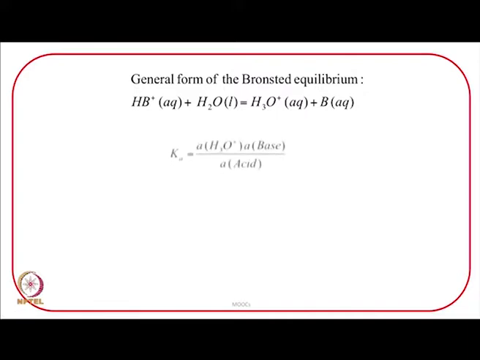When we write an expression for acidity constant, it will be the activity of hydronium ion into the activity of the base, divided by the activity of the acid. We are taking the activity of water to be 1 because water is in excess.